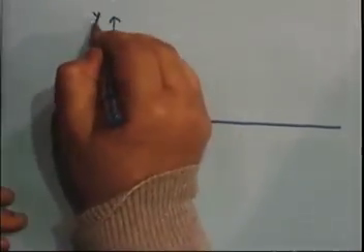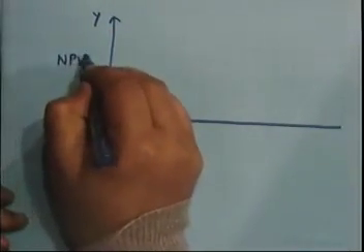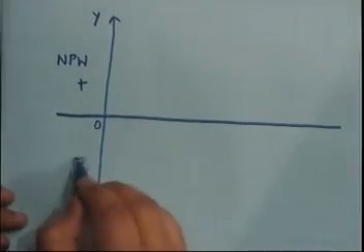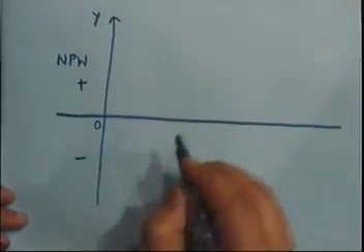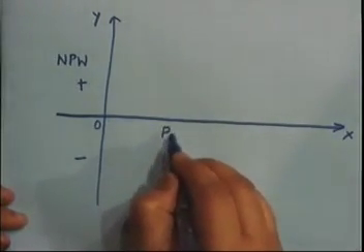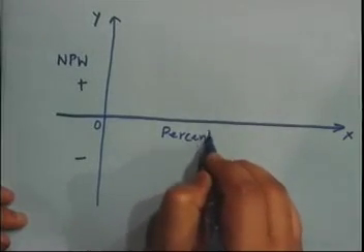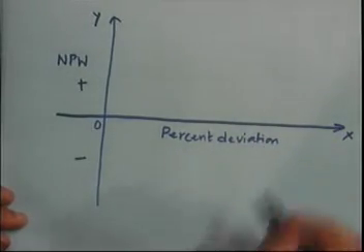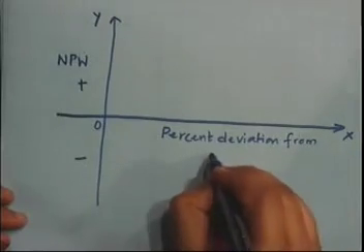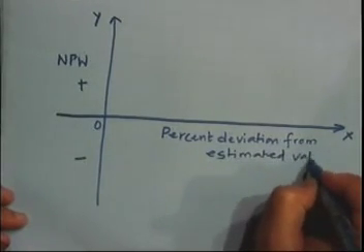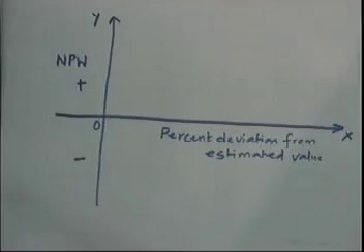On the y axis I have net present worth again with 0 value here, plus value here, minus here, and then on the x axis I have percent deviation from estimated values. Now, in this representation, I am trying to use the percentage deviation value.